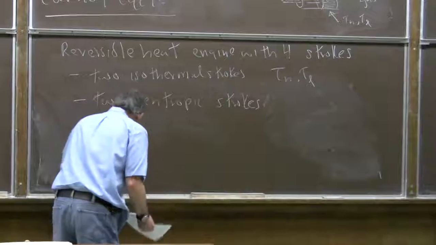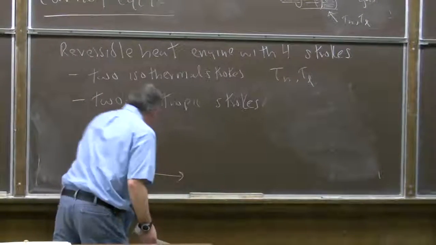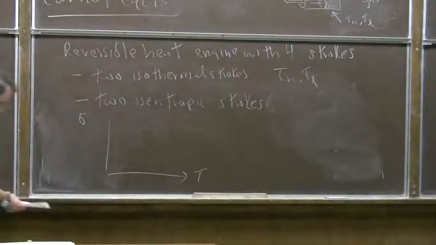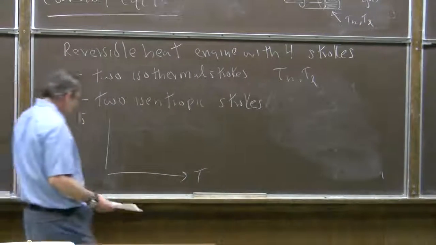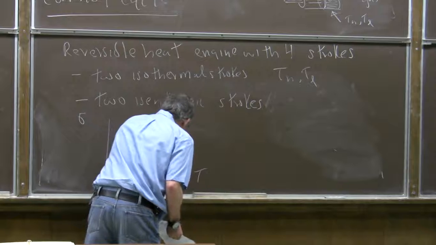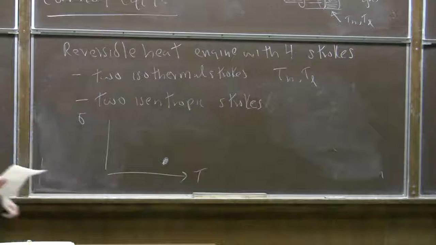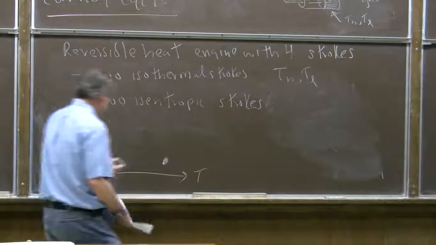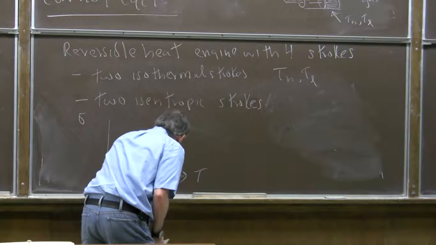So it's simplest to think about this in the sigma tau plane. So I'll start down here. The first stage is going to be isothermal expansion. System is in contact with the high temperature reservoir. So here the temperature is tau h.